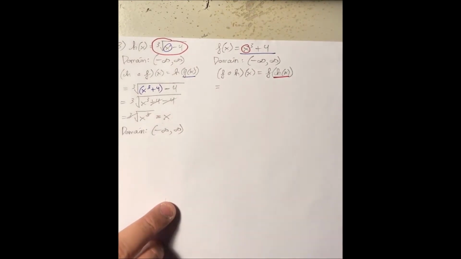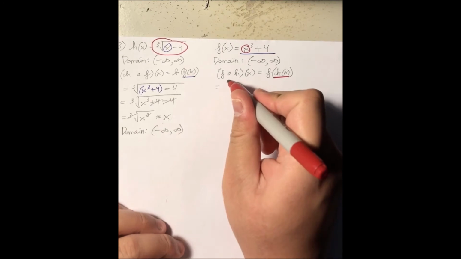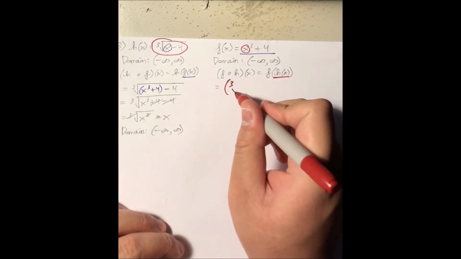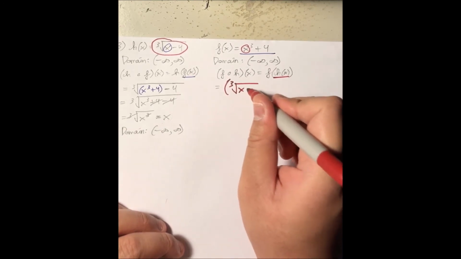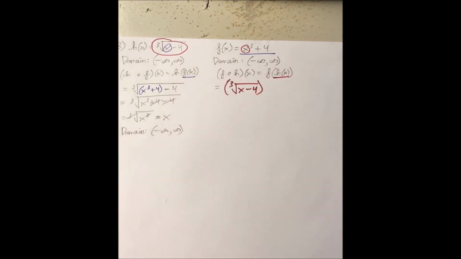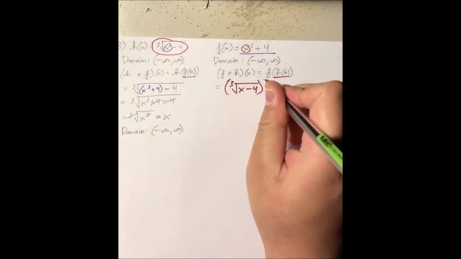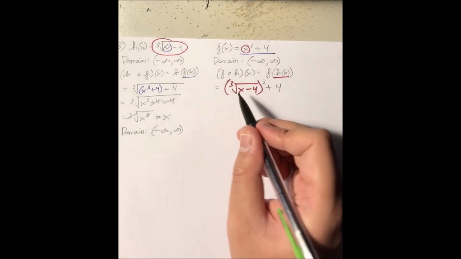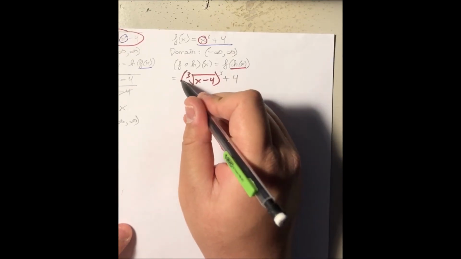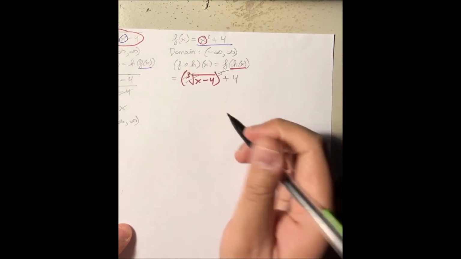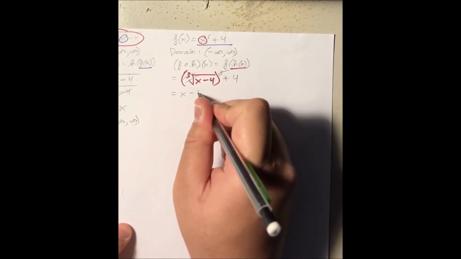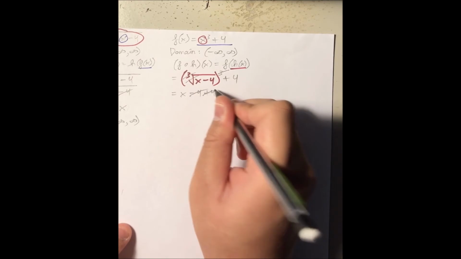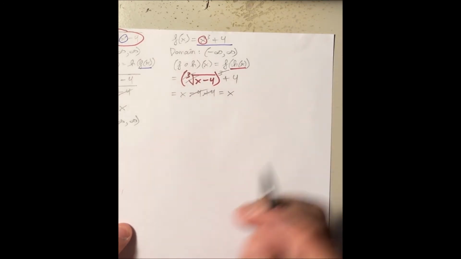So that's why we are going to have the cube root of x minus 4, raised to the third power, and then plus 4. The cube root raised to the third power means the root and the power cancel out, so we're left with just x minus 4 plus 4. Minus 4 and plus 4 cancel out, and we're left with just x.